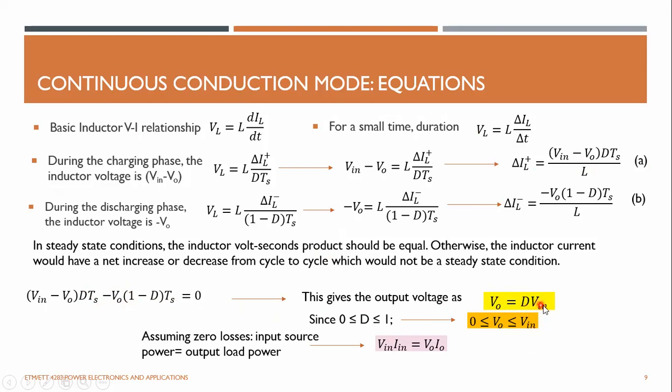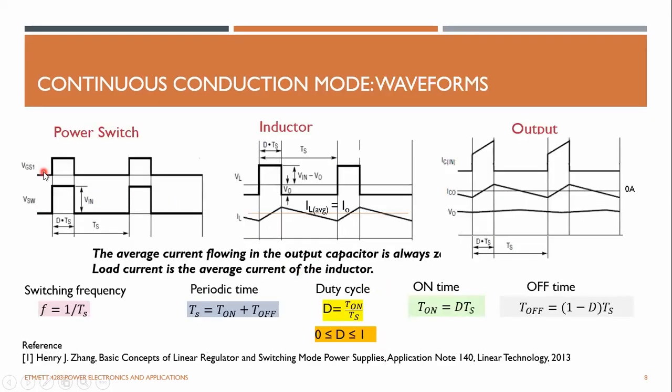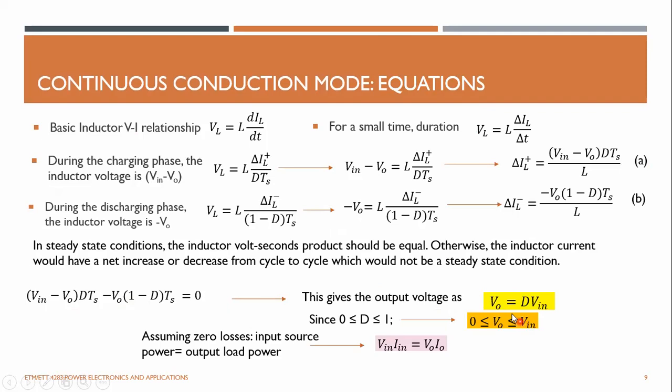So if you know your battery or supply voltage and your duty cycle, you can calculate the output voltage. As we know, the duty cycle is from 0 to 1, so the output voltage can be controlled from 0 to the supply voltage, right?